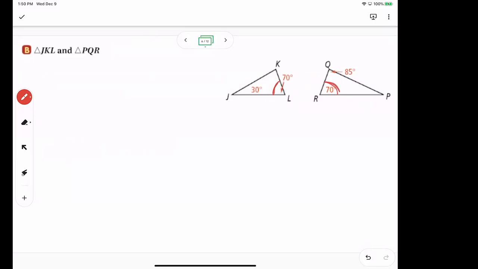And then I've got to figure out what this other angle is. So we've got angle K plus angle J. So I'm going to say the measure of angle K plus 30, and then the measure of angle L, which is 70, must equal 180. When I solve that for the measure of angle K, that tells me that K has to be 80 degrees.